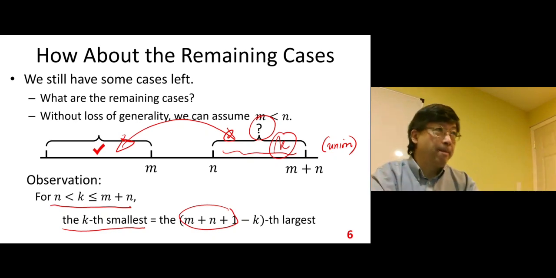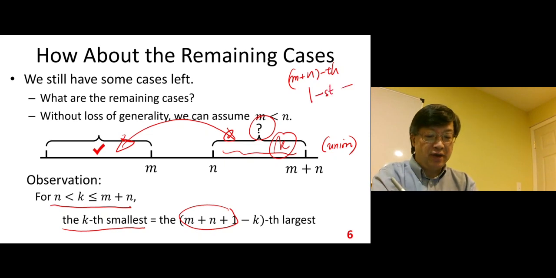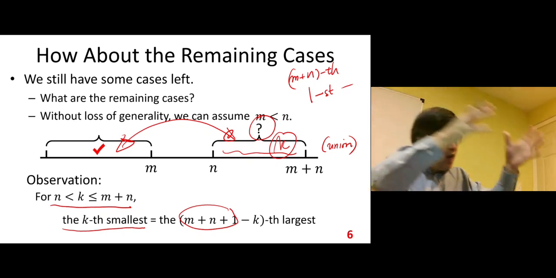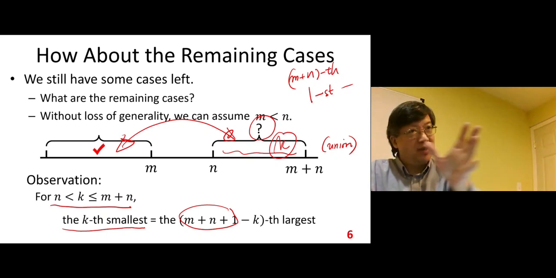Because they are the same thing. For example, the m plus n smallest is the first largest, right? So that's why m plus n plus 1 minus k. You can look from the smaller side, but you can also look from the larger side. If the k number is too large, you'd better look from the larger side, because then that number will be smaller.